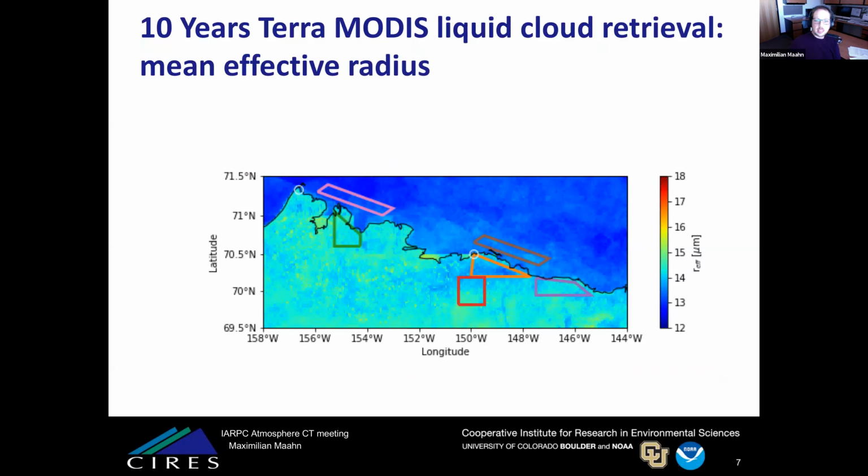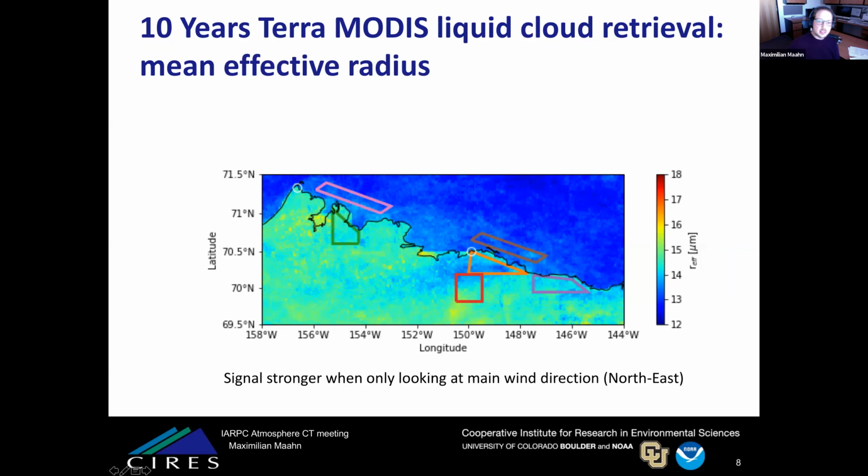And if you regrid MODIS data and average for 10 years, we see here the effective radius. You see that we have a contrast over ocean and over land, which is mostly because the sub data sets are different. MODIS has trouble with the low sun angle at these high latitudes and with the effect of bright surfaces.